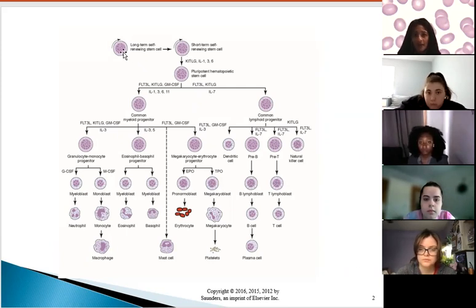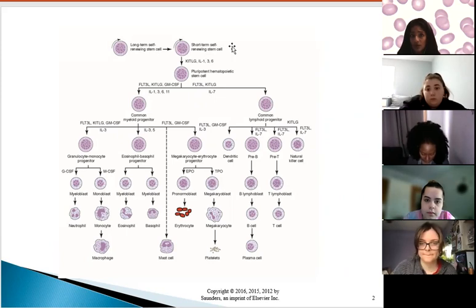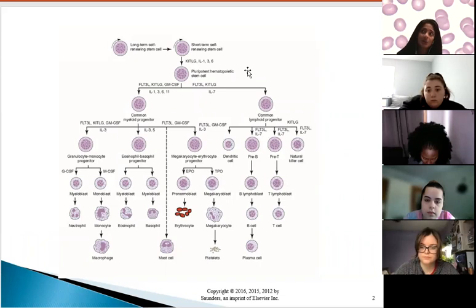So we have the long-term self-renewing stem cell. Eventually, we may also have the short-term self-renewing stem cell that leads to the pluripotent hematopoietic stem cell. So pluripotent means that it has the ability to form or to divide into two different cell lineages.